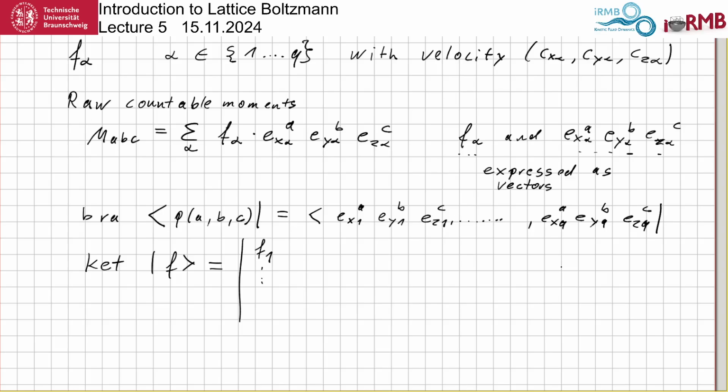This is from f 1 to f q. It's like this, and then you can compute the moments M_abc simply by writing the bra P_abc times the ket, which is this scalar product that you use.